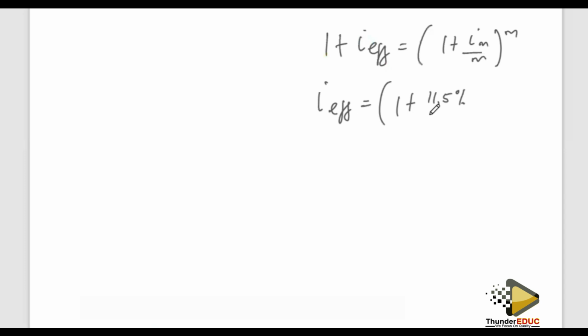So I'm going to divide this by 12 to the exponent of 12. This one must be transposed to that side. When I try to put this into my calculator, 1 plus 11.5% over 12 to the exponent of 12. This is going to give me 1.1 that. Then I think the answer, I'll have to multiply it by 100%.